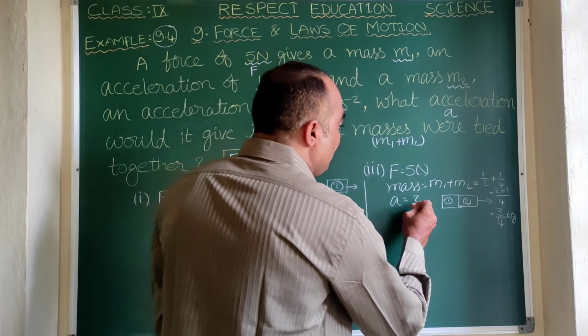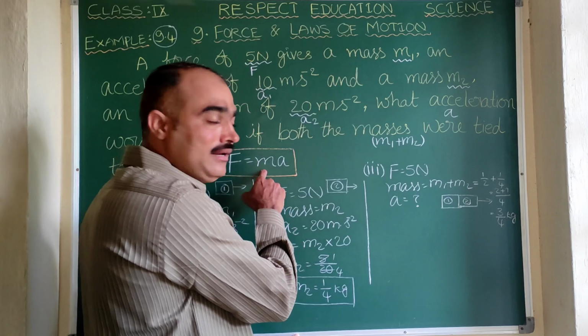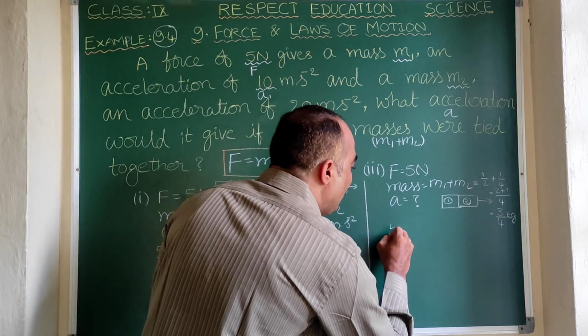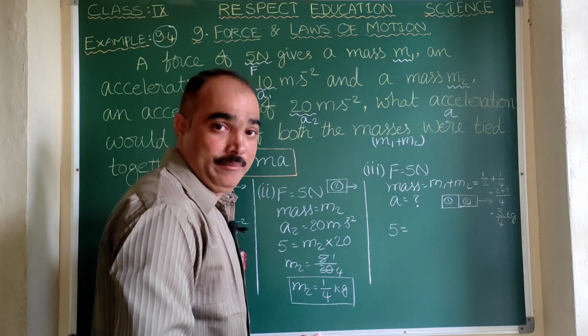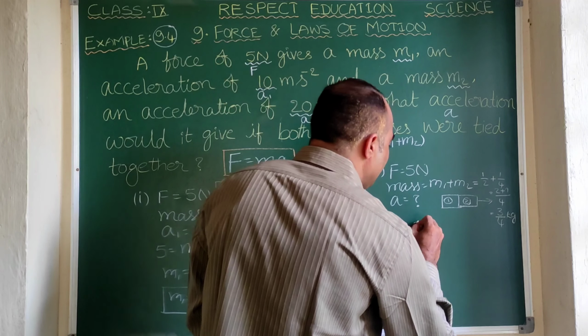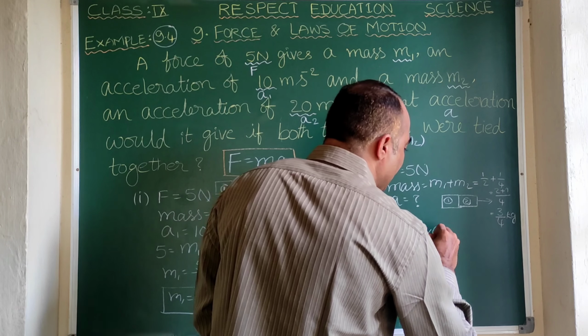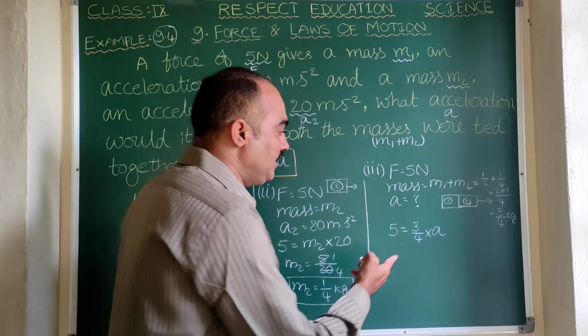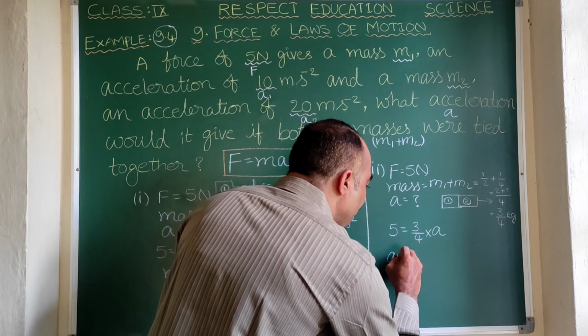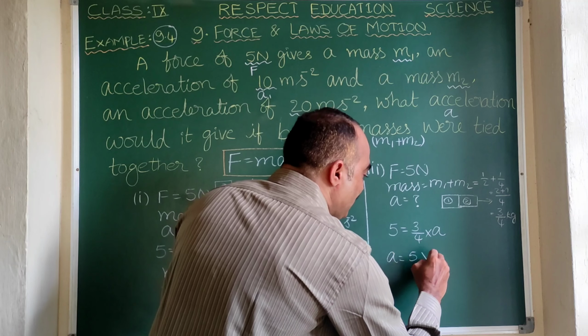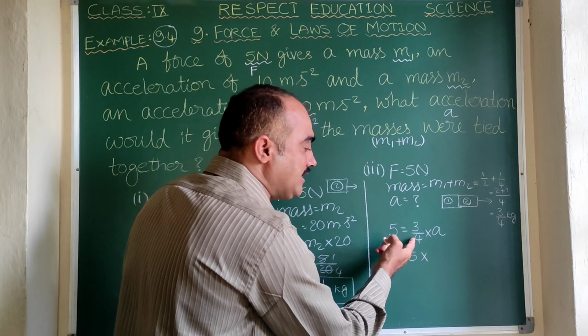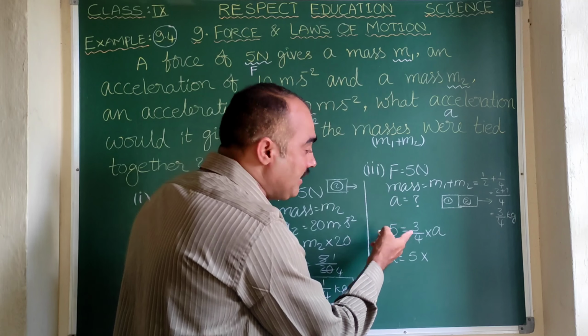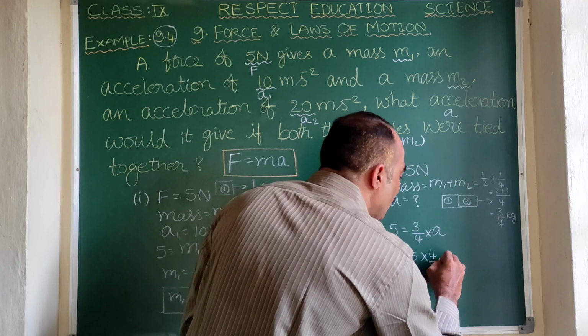Now let us apply the same formula again. F equal to m into a, so 5 is equal to 3 by 4 into a. Let us write a because that is what we are asked to find. So in order to find a, let us write 5 as it is. When this 3 by 4 is sent from that side to this side, it becomes the reciprocal, 4 by 3.